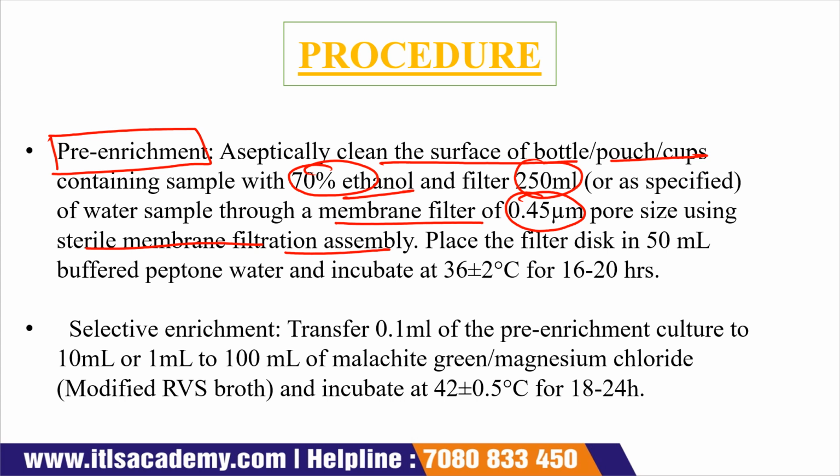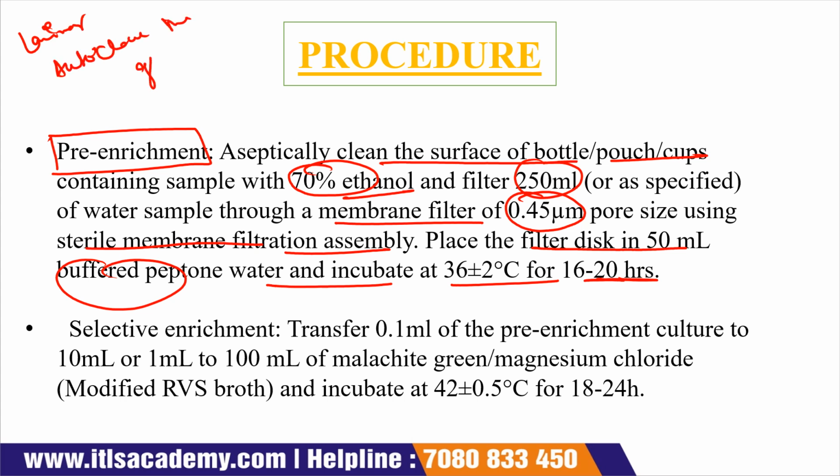Now place that filter disc into 50 ml of buffered peptone water and incubate at 36 degrees Celsius for 16 to 20 hours. One more thing, you have to clean the laminar flow and autoclave the glassware.